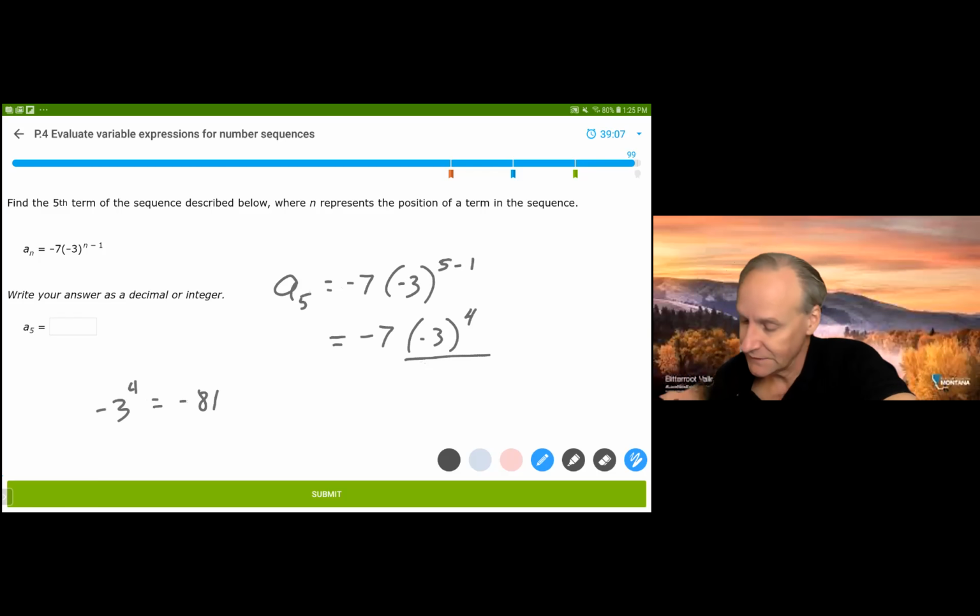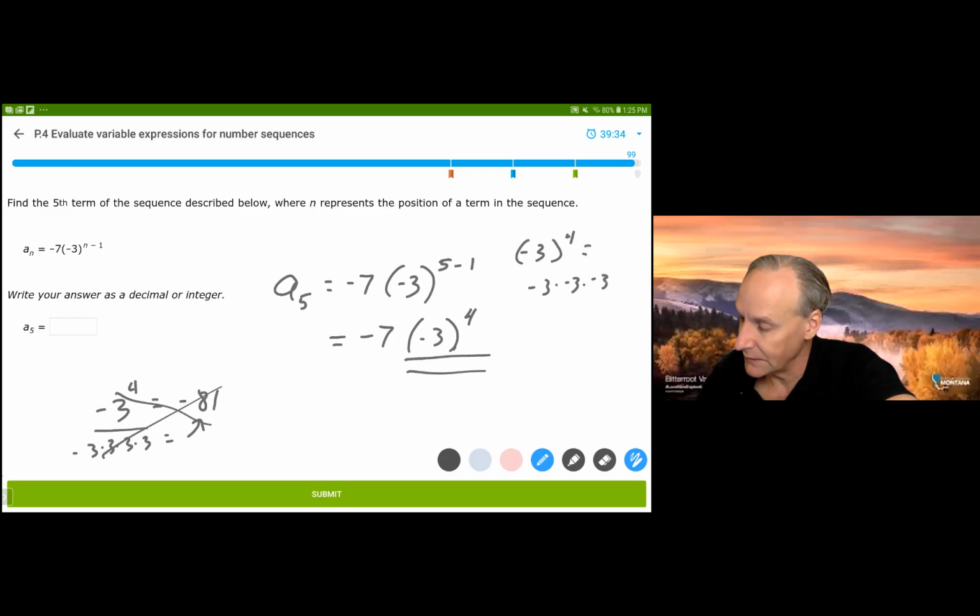The problem is that this right here is not the same as this. This says negative 3 to the 4th power is this. And that is, just like your calculator says, negative 81. But that's not what that says. This says negative 3 to the 4th power says negative 3 times negative 3 times negative 3 times negative 3.